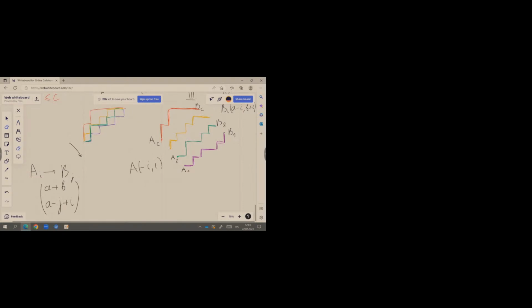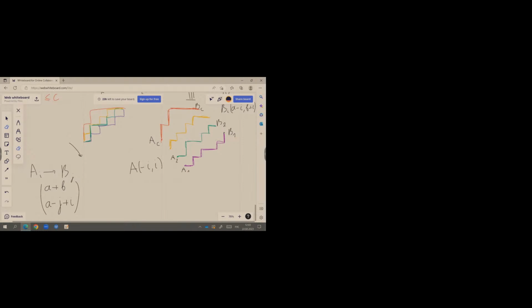So this is the number of paths from the i-th starting point to the j-th ending point. And it is not exactly what we wanted. So there are two ways to deal with it.